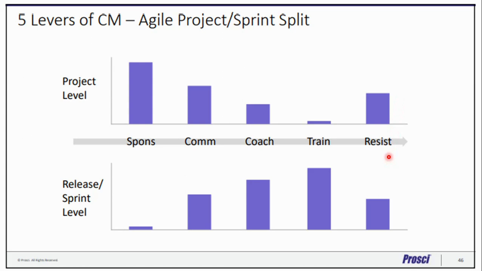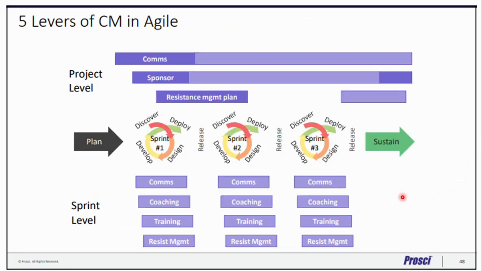And here also, at each release level, there can be resistance to new features. Maybe people say, oh, you have to go through 2 or 3 steps, this is very cumbersome. So resistance management will have to come at the sprint level also. So hope you got that split. Got it?